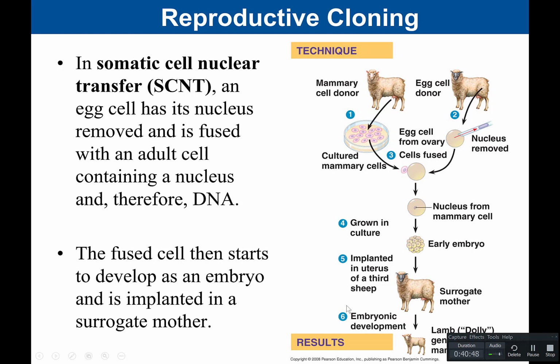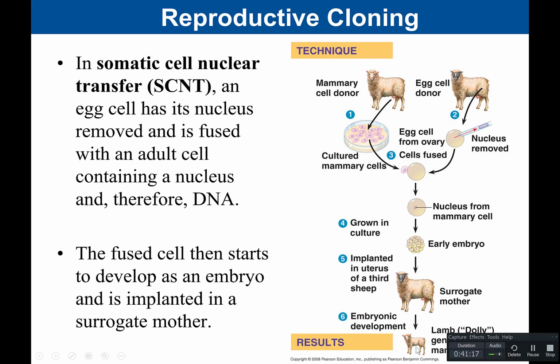So again, this lamb Dolly was a clone of the sheep that provided the mammary gland cells. This is called somatic cell nuclear transfer. The mammary gland cell is a somatic cell, a cell that's not used for reproduction, and that was fused with an egg where the nucleus had been removed. And then that could give rise to an entirely new lamb.